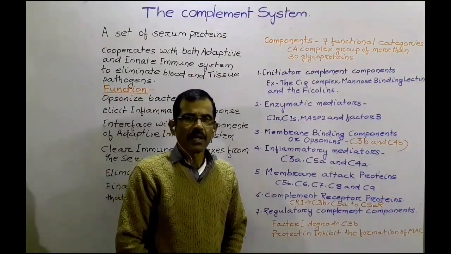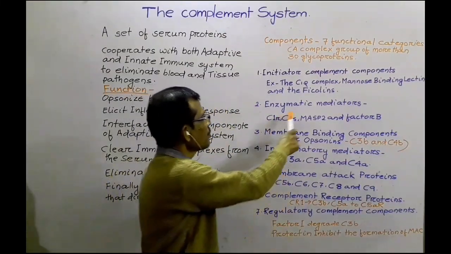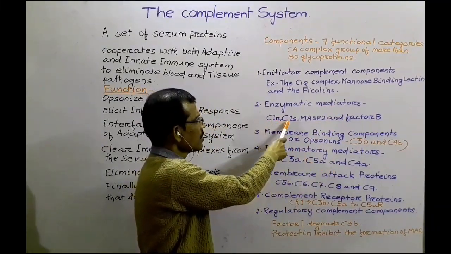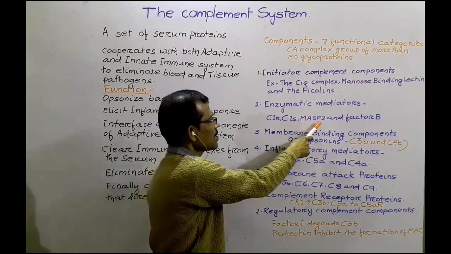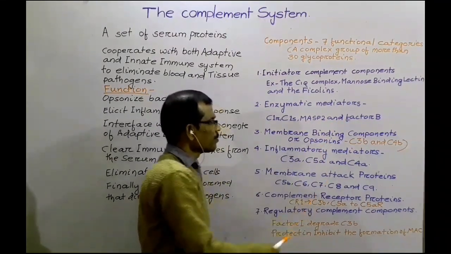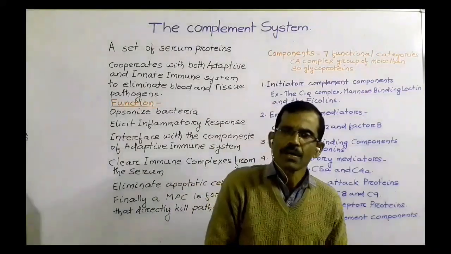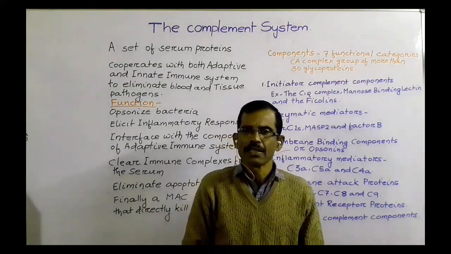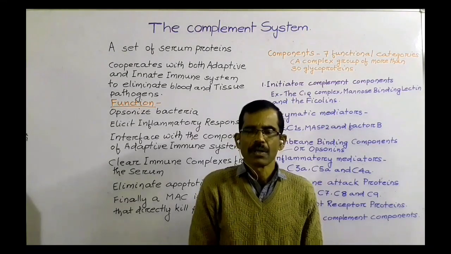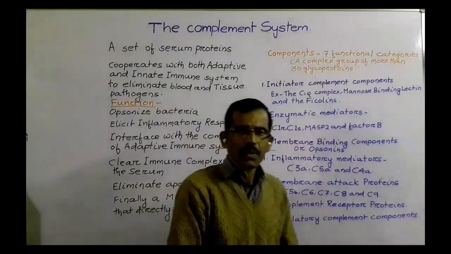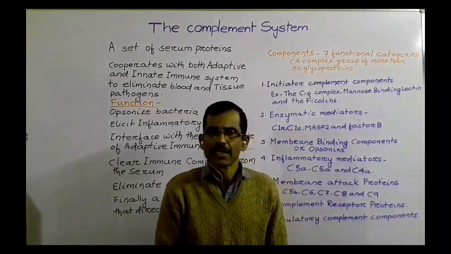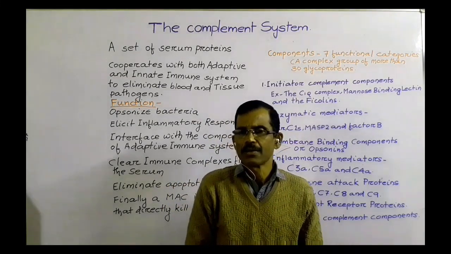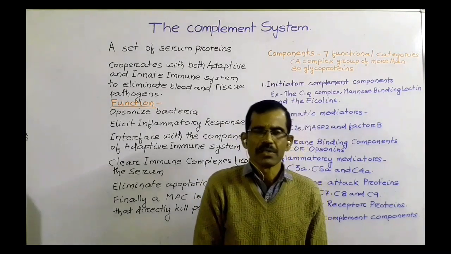The second functional category includes enzymatic mediators such as C1r, C1s, MASP2, and factor B. Several components of the complement system are proteolytic enzymes that cleave and activate other members of the complement cascades. Some of the proteolytic enzymes are activated by binding with other macromolecules and undergoing a conformational change.